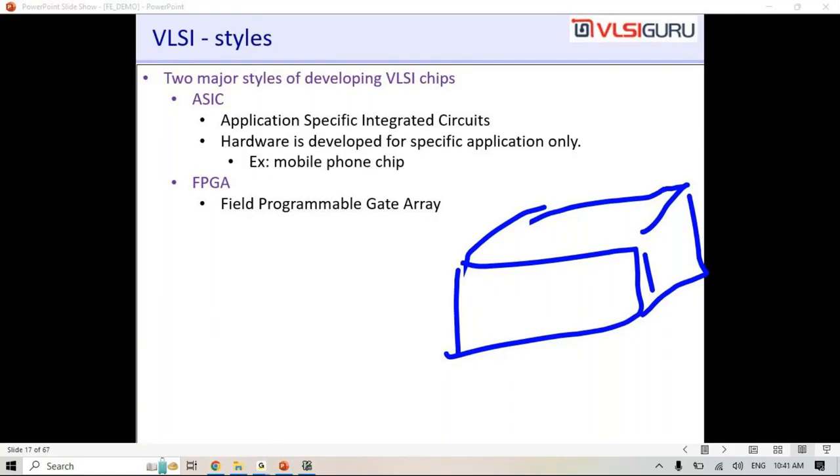So that is similar to field programmable gate array. Means you are changing that basic structure as per your requirement.